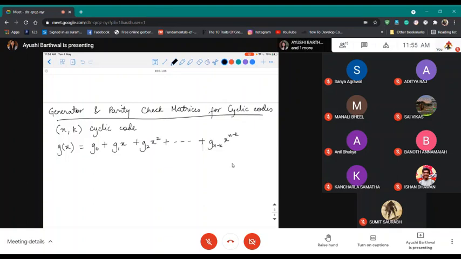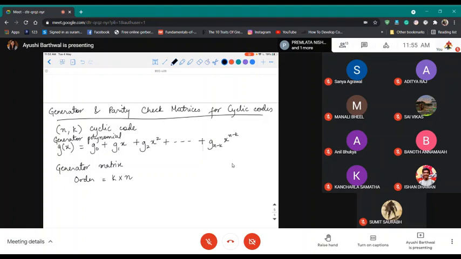Now when we have to write down the generator matrix, what is the order of the generator matrix? It has k rows. That means the number of message bits is equal to the number of rows of the generator matrix, cross n, where n is the code word length.